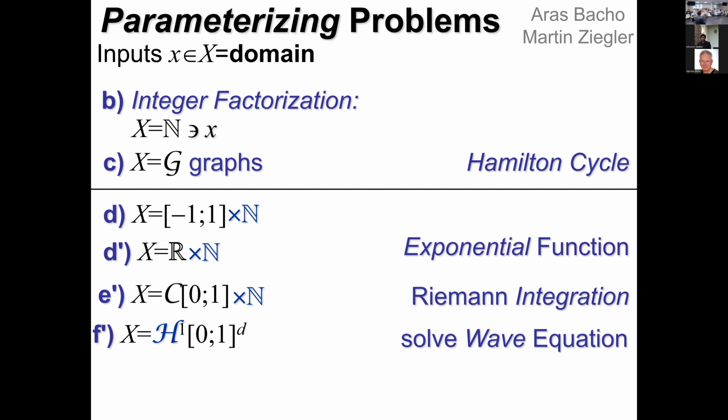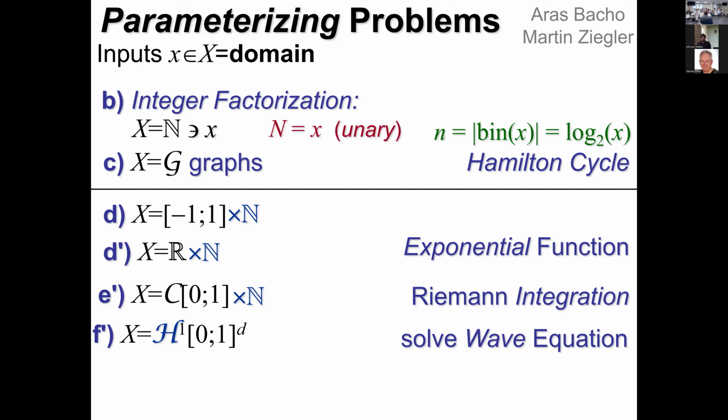So integer factorization is hard, right? RSA is based on it, because we don't know how to do it. Defined polynomial in the binary input length. So that's the binary parameter, which is basically the logarithm of the value of the integer we want to factor.